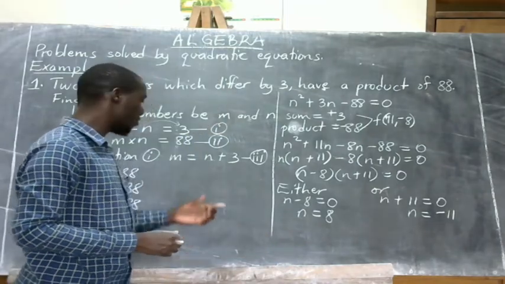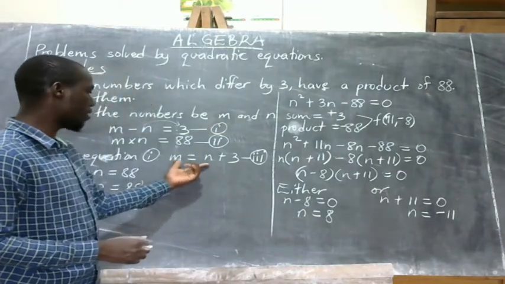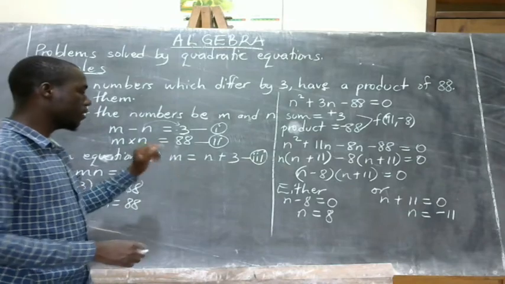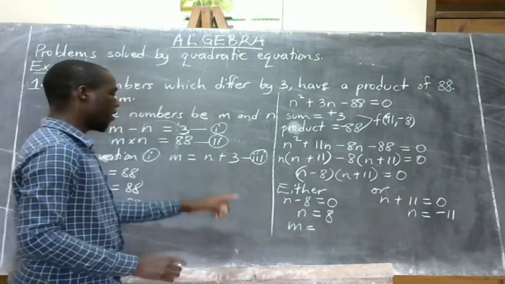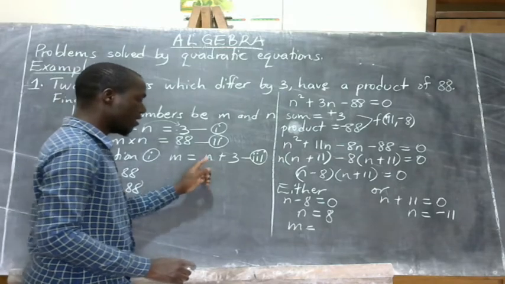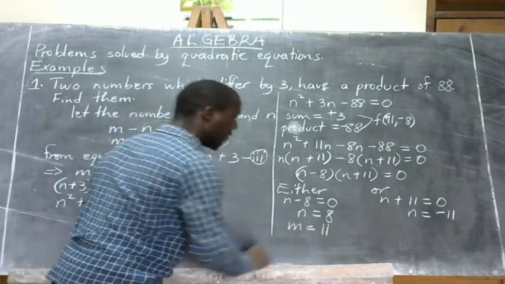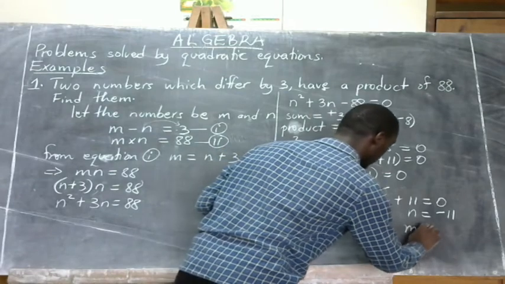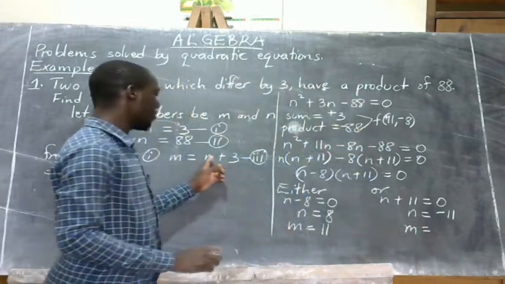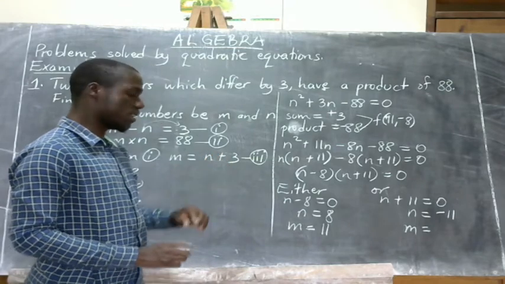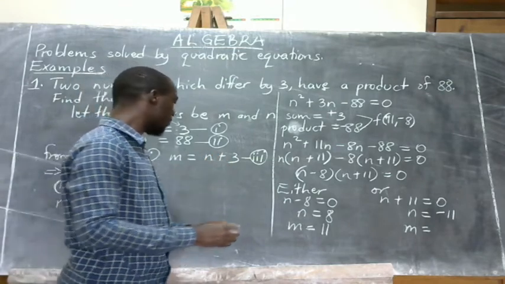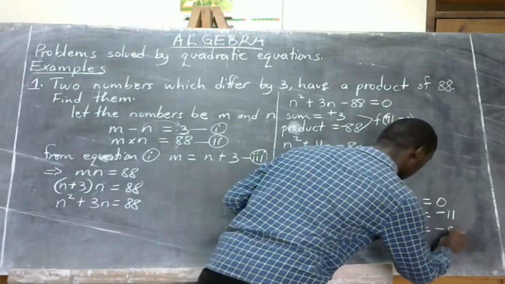Now I'm going to use my third equation to get my value of m. So if n is 8, and I punch in the 8 there, m is going to be 11. Then if n is negative 11, I get m as negative 8.